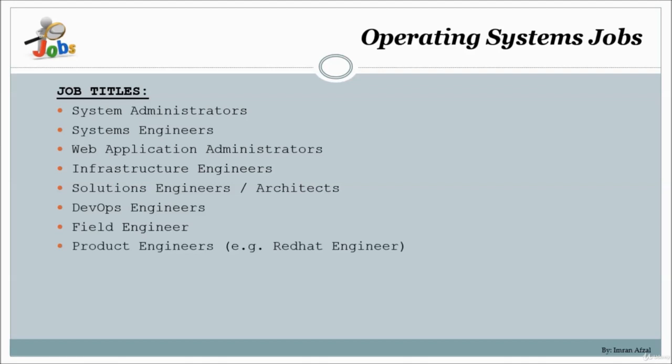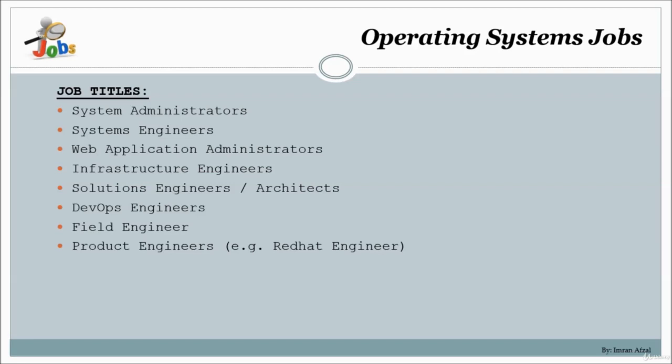Then product engineers. Product engineers, of course, are very similar to field engineers. However, product engineers only deal specifically with one product. So let's say Red Hat has a new product called virtualization, their new virtualization technology, or their satellite technology, or any product, they actually have people who deal specifically with that technology.